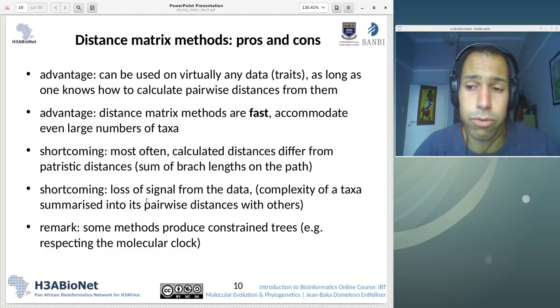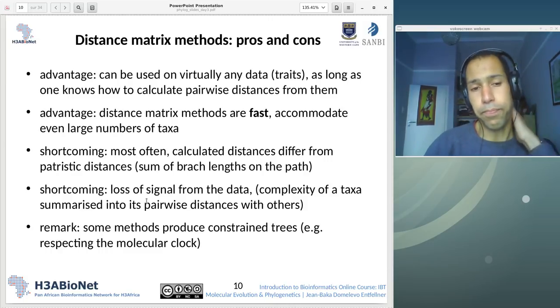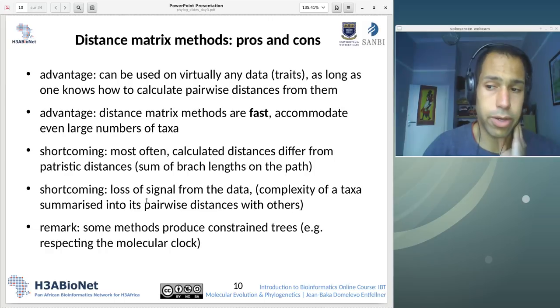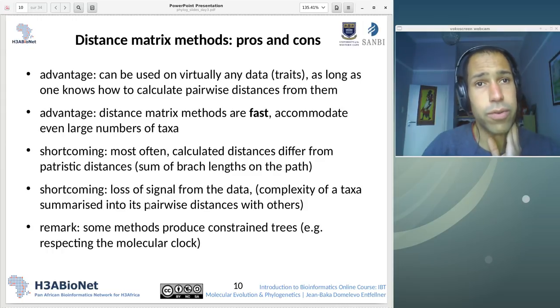So the distance between two real numbers is very straightforward. Okay, so you can build phylogenies on quantitative traits more easily maybe than with maximum likelihood methods, because maximum likelihood methods ask you to define a model of evolution. Okay, here for distance matrix methods, you don't need a model of evolution. You just need to know how to calculate distances between any given two taxa, right?